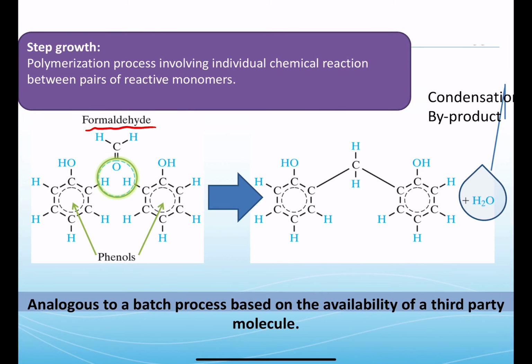As you can predict here, we're expecting water to be the byproduct, and so if this is a heated reaction, often this water will be boiled out of the reactor to drive the reaction to completion, or perhaps even drying reagents can be used to capture it. So in this example here, we can clearly see how the formaldehyde is responsible for giving us the bridging CH2 units. This is only one of the two.